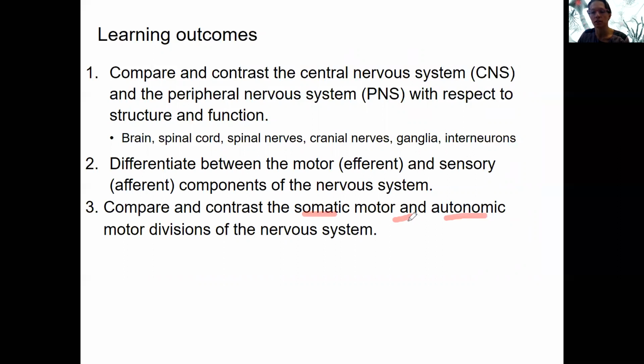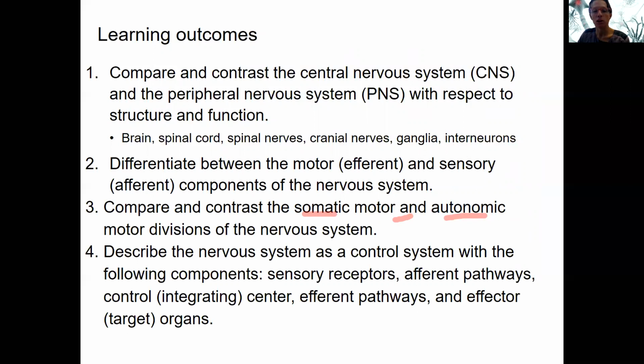Somatic motor is our skeletal muscles, and then autonomic is lots of functions that are all in a different chapter. And lastly, describe the nervous system as a control system with the following components. So these are those components of the pathway, the 5 components, but also some other details, such as the output signal, efferent pathway, and the input signal, the afferent pathway.